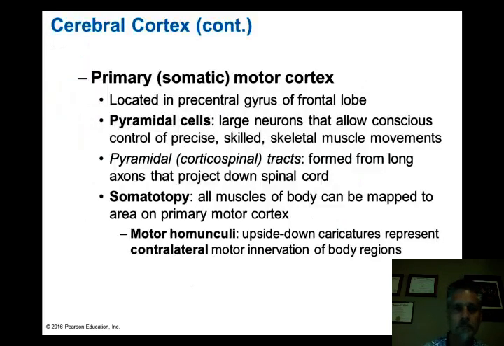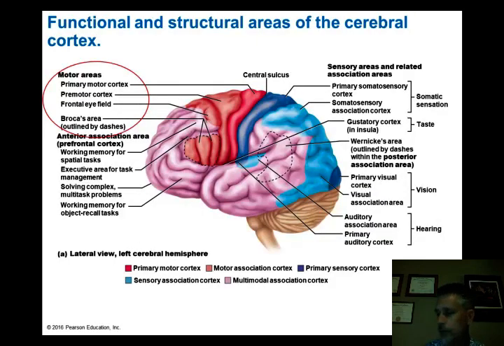So, when we're looking at these motor areas, these are going to be in control of voluntary motor output, right? So this is going to skeletal muscles, etc. And one of the first things we have is what's called the primary motor cortex. And if we look at where that is, remember we have the central sulcus right here? So that's our dividing line between the frontal lobe and the parietal lobe.